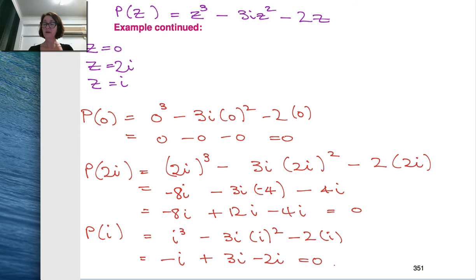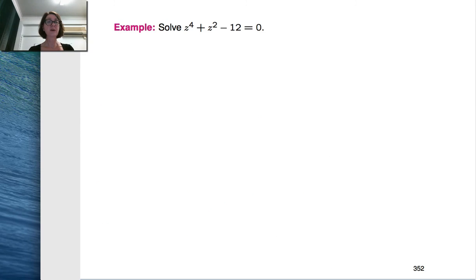Okay, so there's some other questions for you to look at. The hint for this one is, well, this is a polynomial of degree 4. So how many roots do you expect to get?